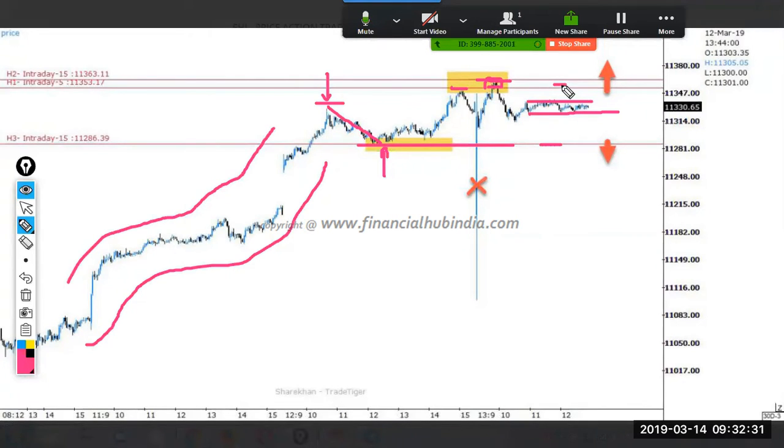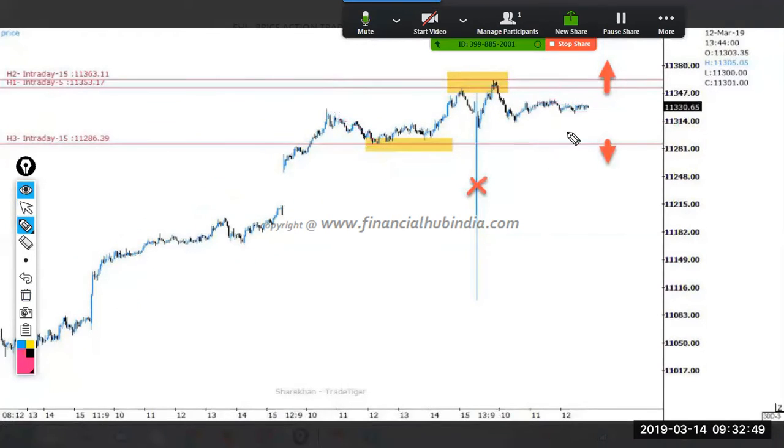That was the reason I was saying either we are going to trade a breakout above this side. Once we see the price trading above this layer of resistance, we will start trading, or we'll see the price start trading below this. We'll not do anything in between these two lines, because the market will confuse you in between.